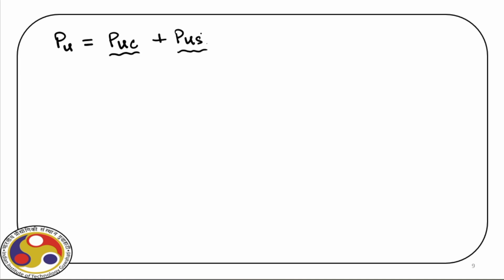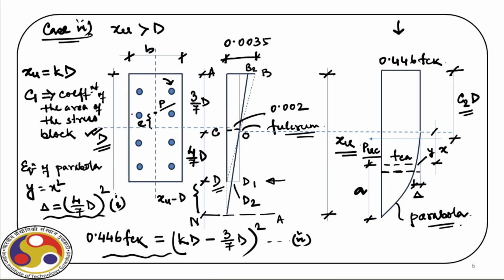Now for concrete, it is very easy. We know the area of the stress block. This is C1 FCK times D times the width of the section, which is the total force, plus we have a layer of steels.